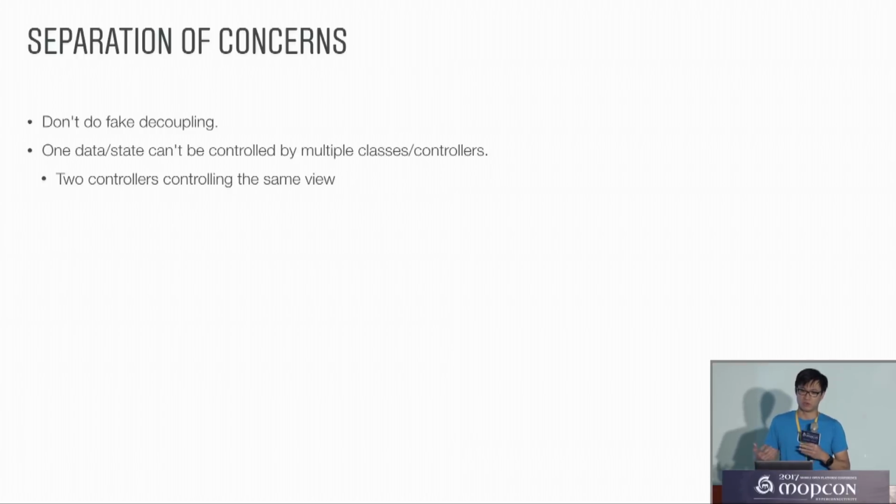And so you would end up having inconsistent states in your code and in the UI too. If people try to show and hide the view multiple times, you could potentially get into an inconsistent state. So don't do fake decoupling, to have good separation of concerns.